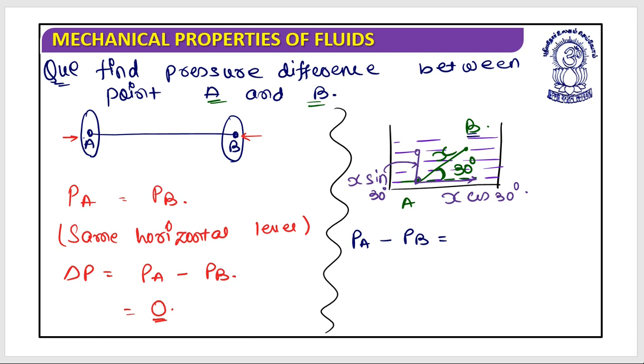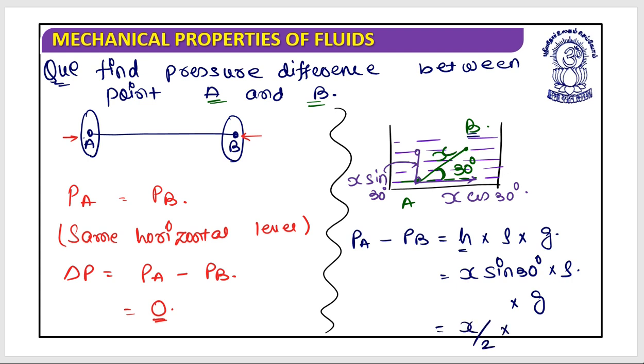The only thing left is h times density of liquid multiplied by g. When I say h, it would be x sin 30 degrees multiplied by density of liquid into g.